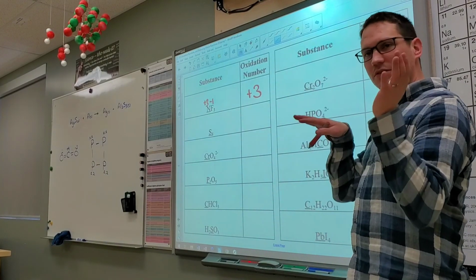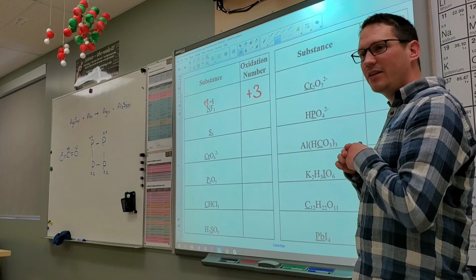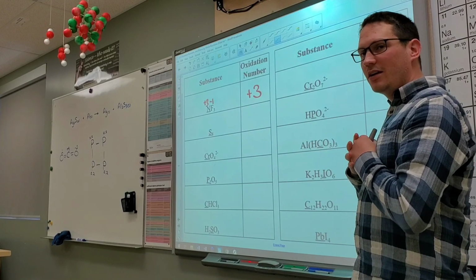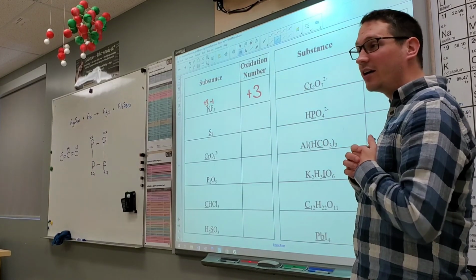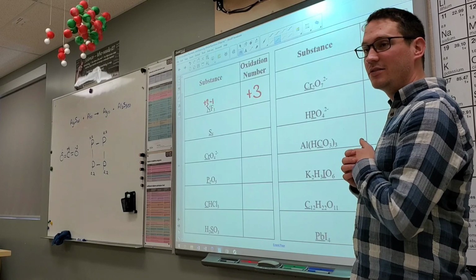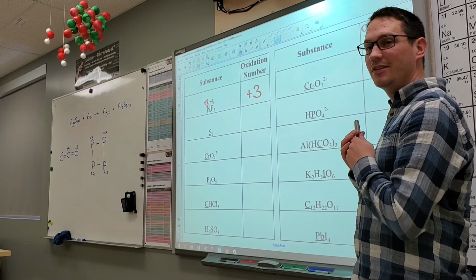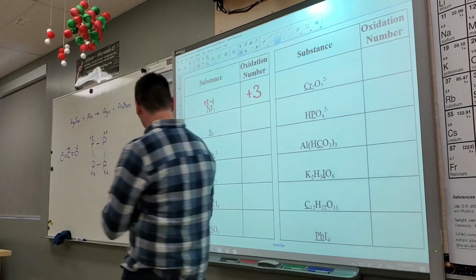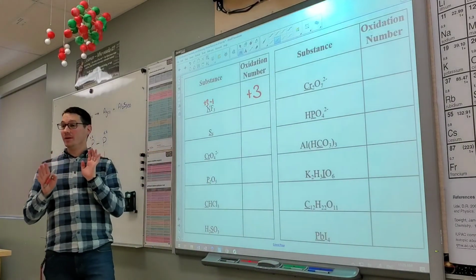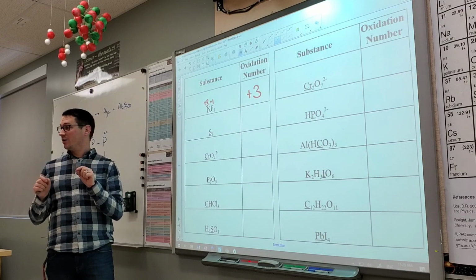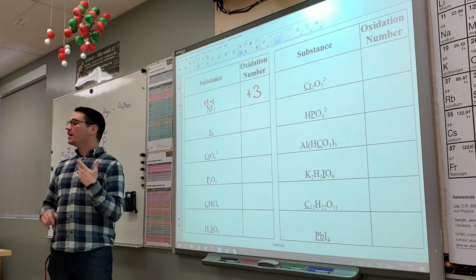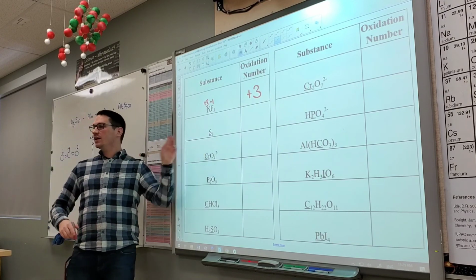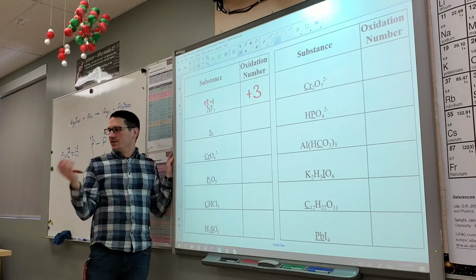Do you want to do any other ones together? Yeah, the S8? Sure. 0. Why is it 0? It's an element all by itself, right? Another way of thinking about this, you could set up an equation if you wanted to.